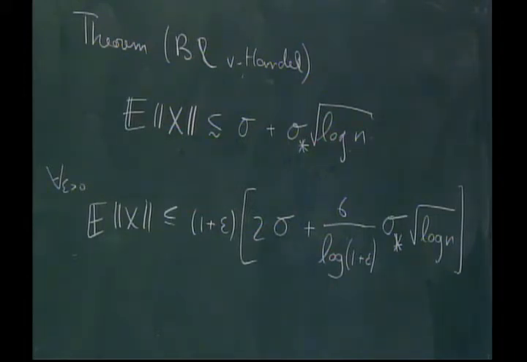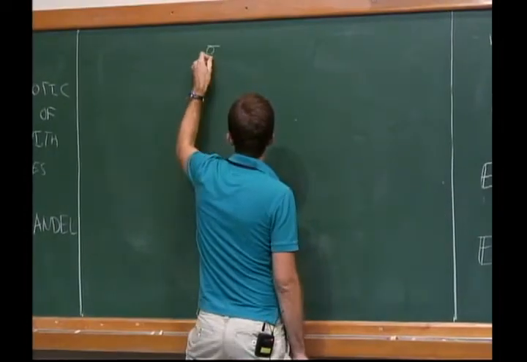One way of understanding this bound: one can show that sigma star is always smaller than sigma, and it can't be too small.